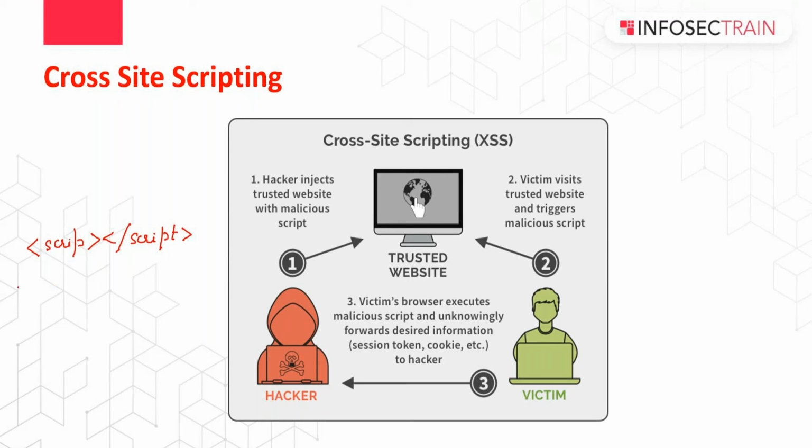If we have to give any input, here we have to write the input. So I'll simply write a script. For writing any number or alphabet, we use this alert.